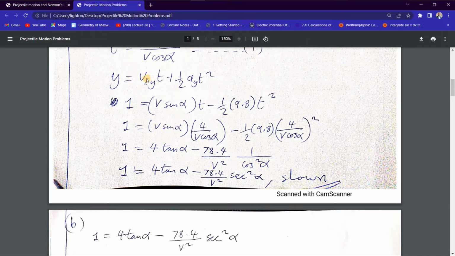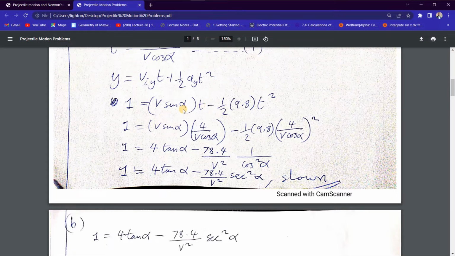The initial component of velocity in the y-axis is just v sine alpha times the time, which is here, minus half the acceleration in the y-axis. This is just gravity, which is 9.8 t squared, and there's a negative here because gravity always points downwards, and we've assumed our coordinate system to be up positive, down negative, and right positive, left negative.